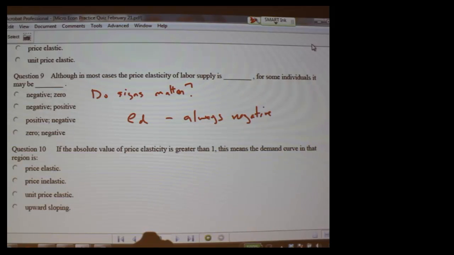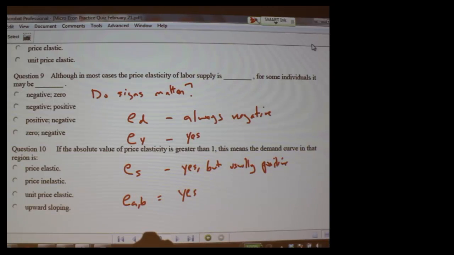What about income elasticity? Yes, because it could be inferior or normal, right? What about elasticity of supply? Yes, but usually positive. And then finally we have the cross price elasticity. Yes, it matters because it could be complements or substitutes.